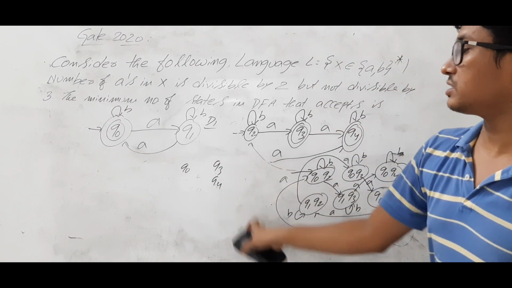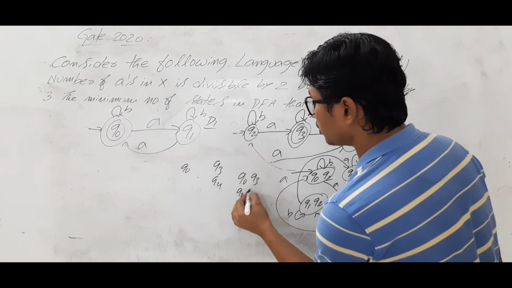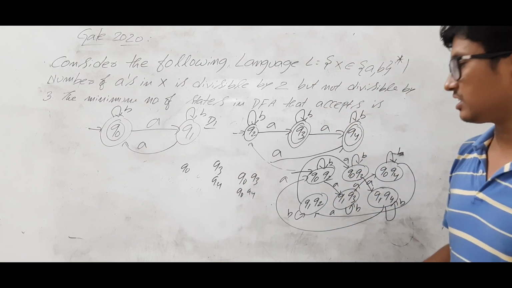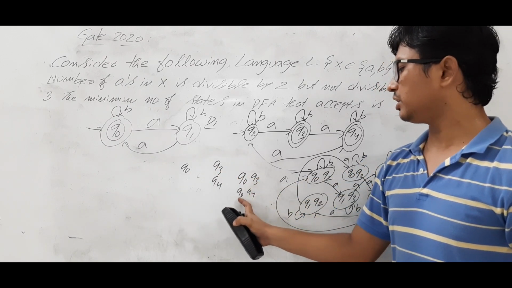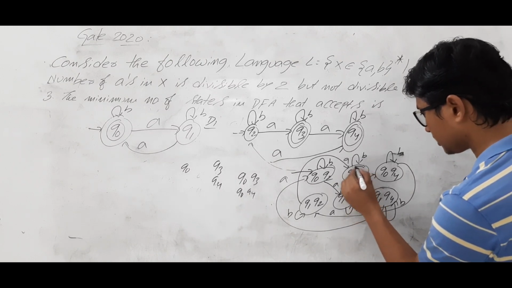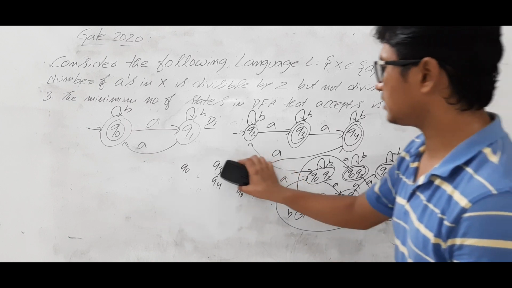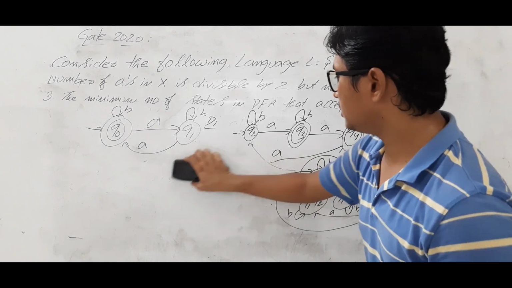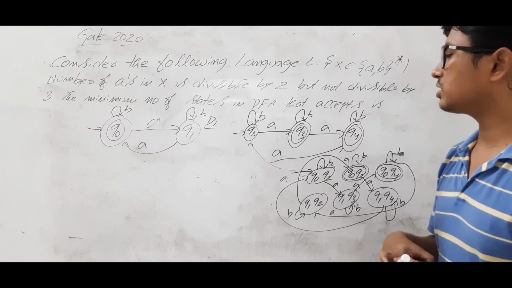So Q0, Q3 and Q0, Q4 will act as final states in this DFA, because if I combine them, you will get these two states. So this is the minimized DFA for this question, and you got 6 states.